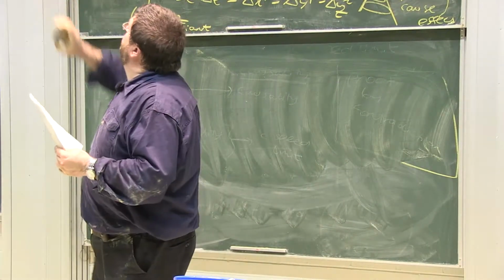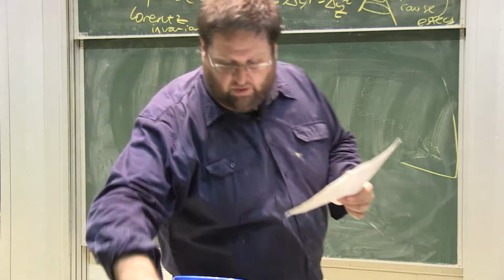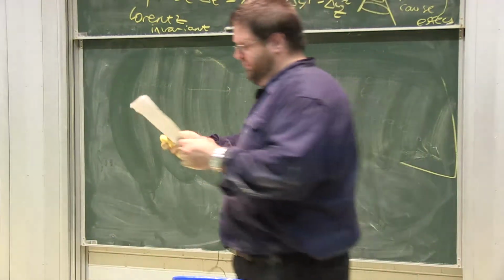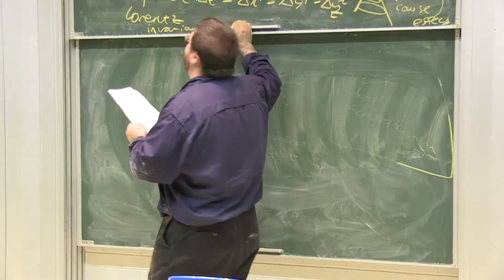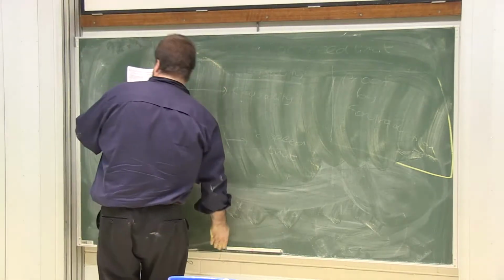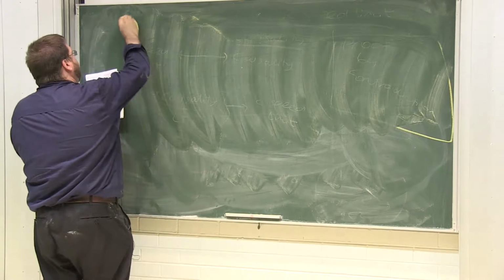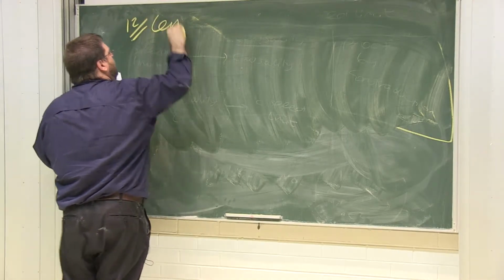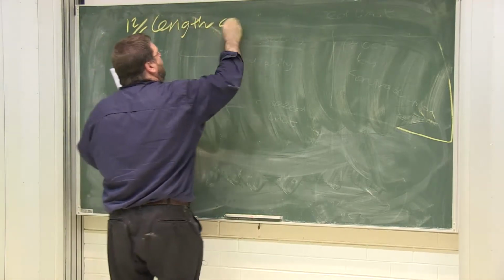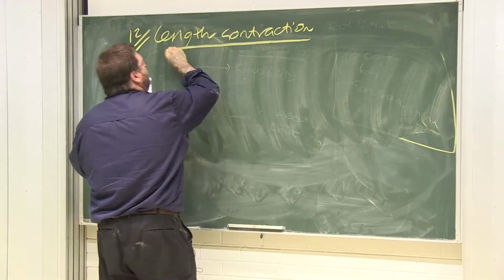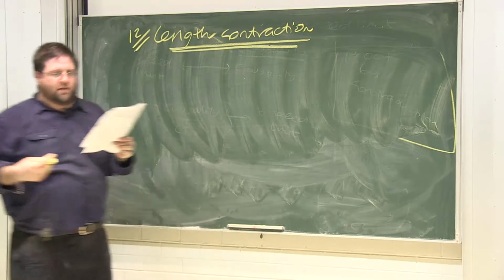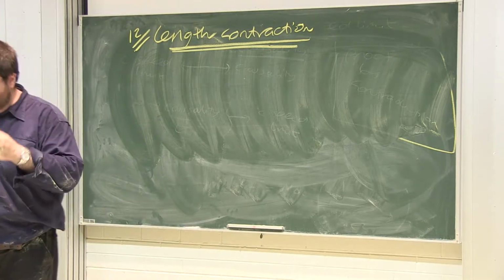I want to move on to section 12, which is on length contraction. So this is often summarised as moving rulers shrink.